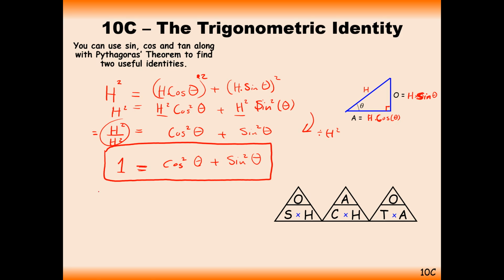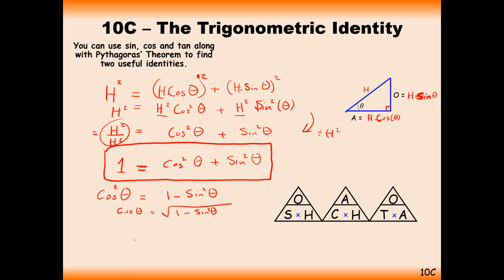It can be rearranged to tell us what cos of an angle is. If you want to know cos of an angle and you only know the sine of the angle, let's say cos squared is 1 minus sine squared theta, and then you can take the square root of both sides. You say cos theta is the square root of 1 minus sine squared theta.